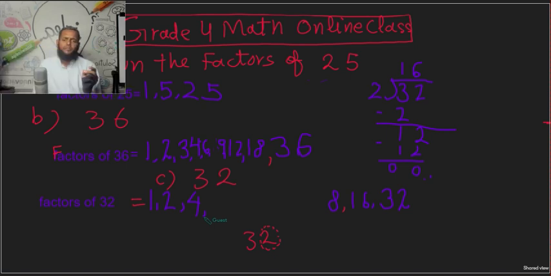Otherwise, 5 is not a factor. Clear? For example, in 25, 5 is in the one's place. This is also a factor because 5 is in one's place. Is it clear? Okay.